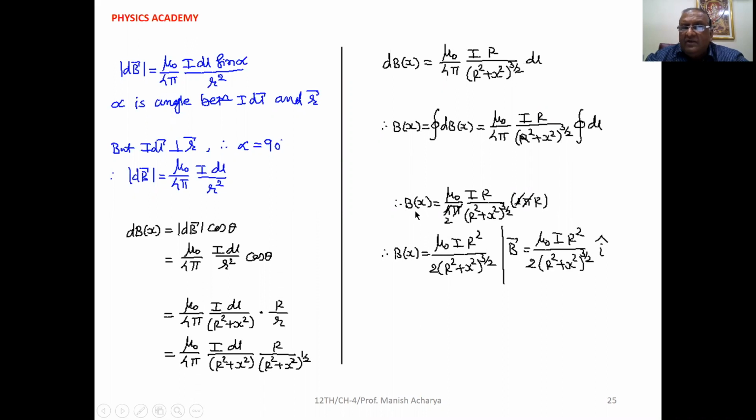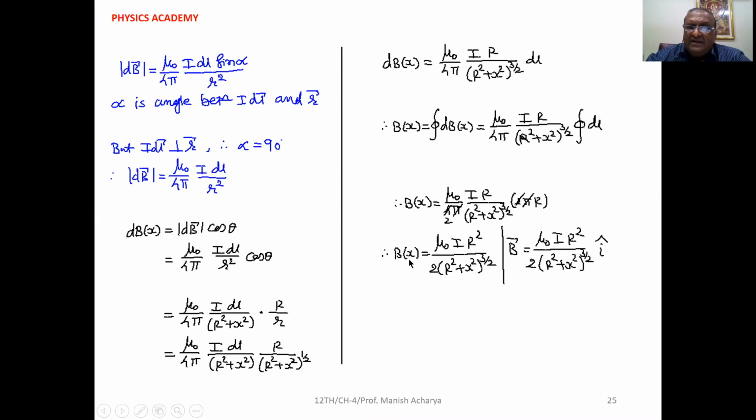Now our equation, that is mu 0 upon 4 pi IR upon (r square plus x square) raised to 3 by 2. And now this integration dl we replace by 2 pi r. So pi is cancelled, and 2 by 4 gives 2. Resultantly, r into r is r square.